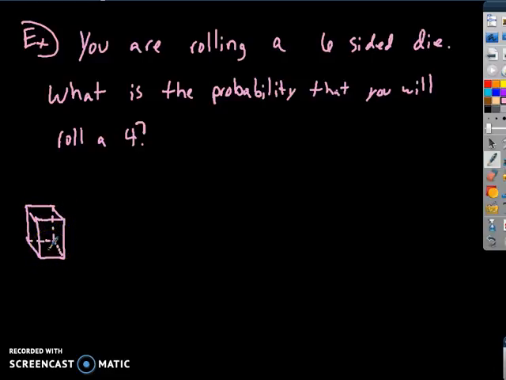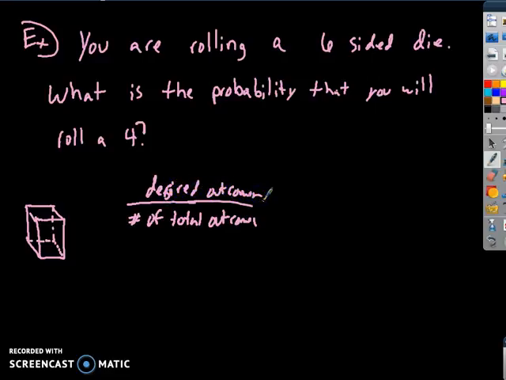Remember, it's the number of desired outcomes over the number of total outcomes. So this is the probability of rolling a 4.